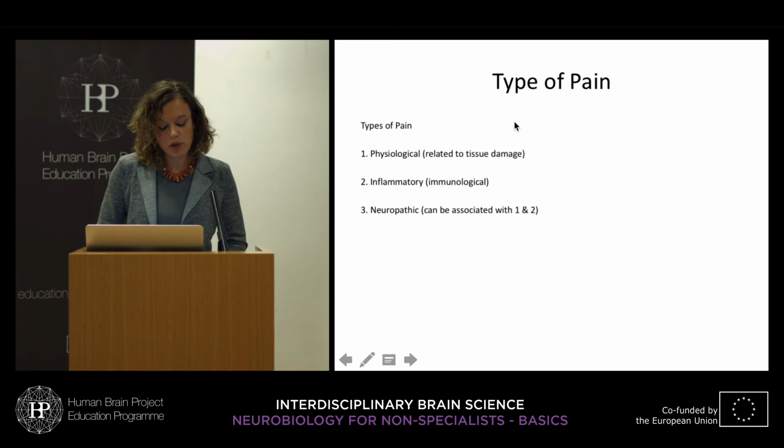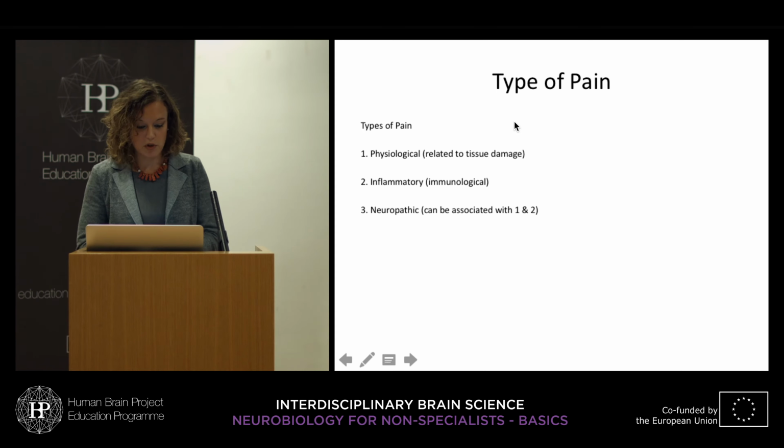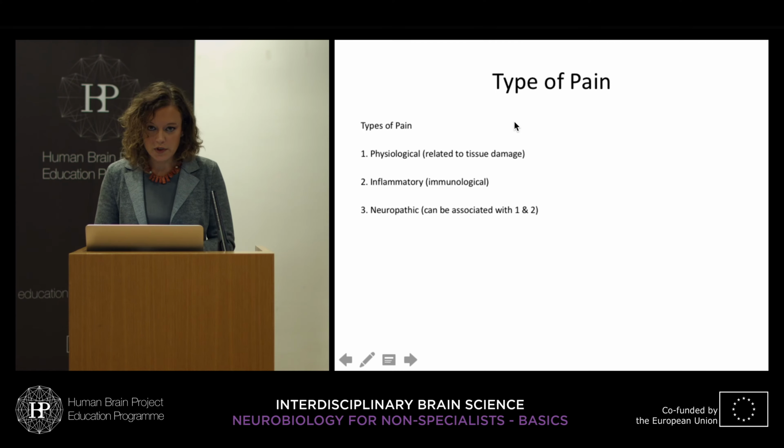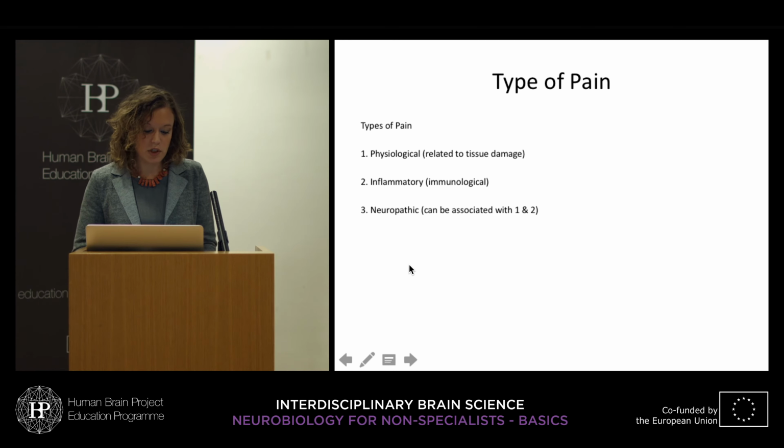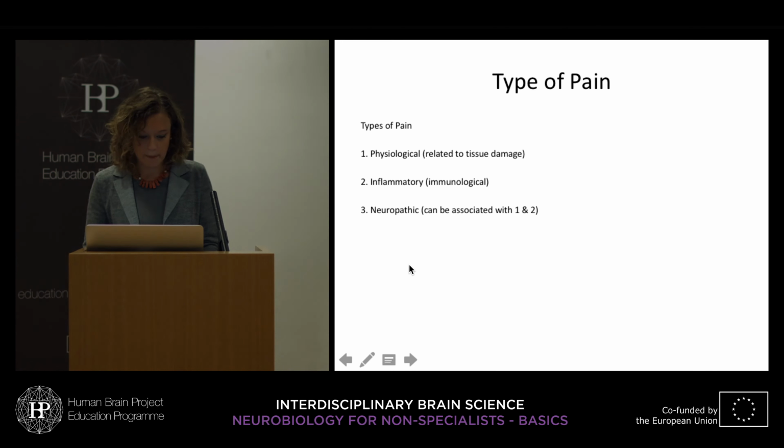To conclude, I also want to show you some of the pain syndromes. As I told you before, there are different types of pain: physiological pain, related to tissue damage; inflammatory pain, more mediated by the immunological system; and neuropathic pain, which can be associated with the first two.